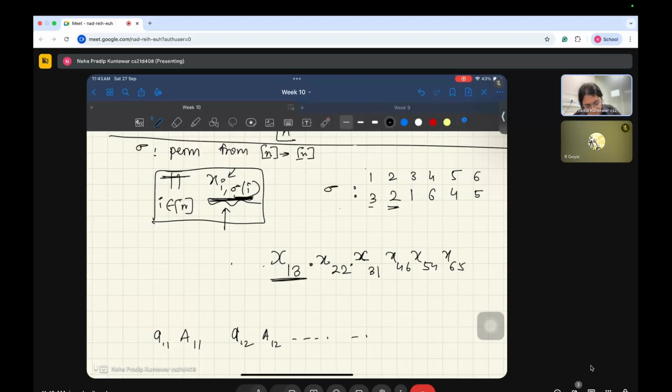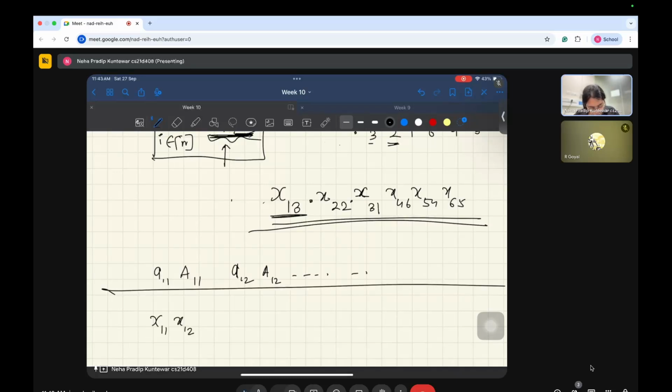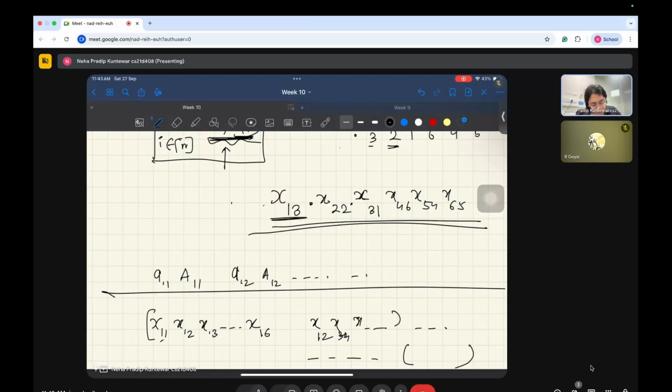You have all possible terms like this, all possible monomials: x11, x12, x13, x16, then x12, x21, x34, and so on. You have all n factorial many terms like this, and notice that these are values, because each of them is a 0 1 value.